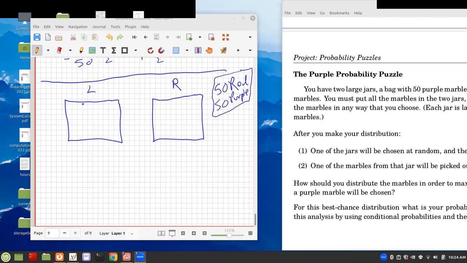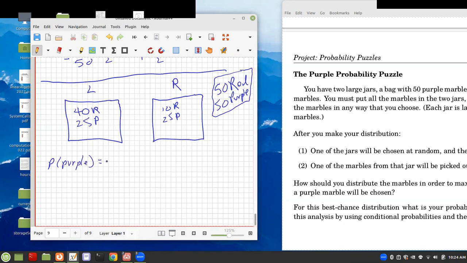40 red here and 25 purple, and 10 red here and 25 purple. Okay, so let's see the probability of purple.